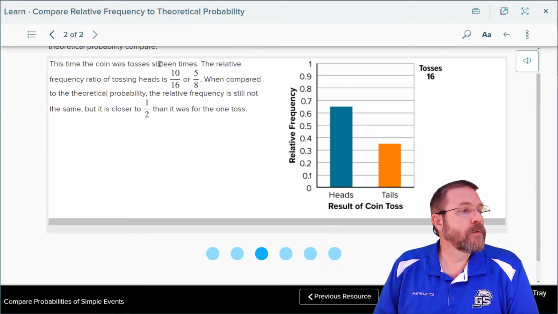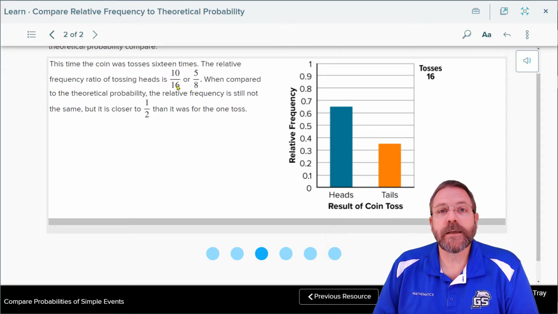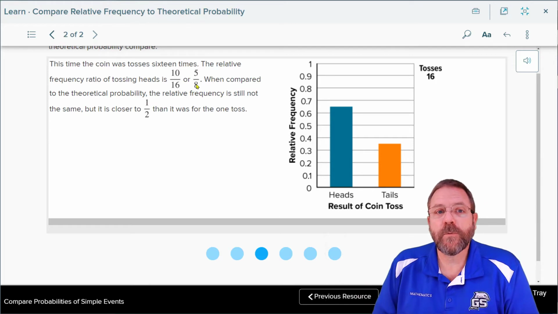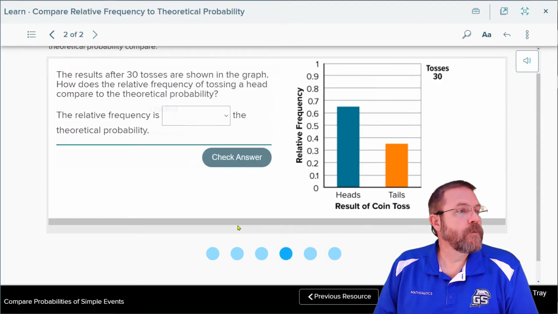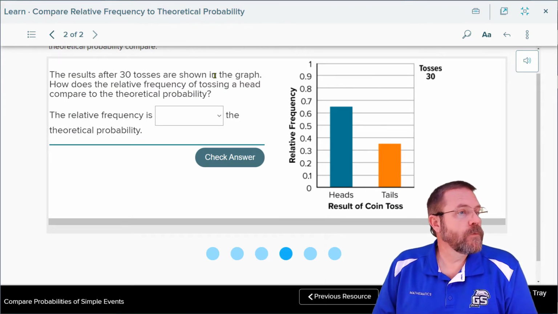Now they've tossed it 16 times, and all of a sudden heads decided to get in the game. 10 out of 16 times it landed on heads. That simplifies to 5 out of 8. Your relative frequency is 5 out of 8 now, which is not the same thing as the theoretical probability of 1/2. Keeping it going even further, they did 30 tosses of the coin.